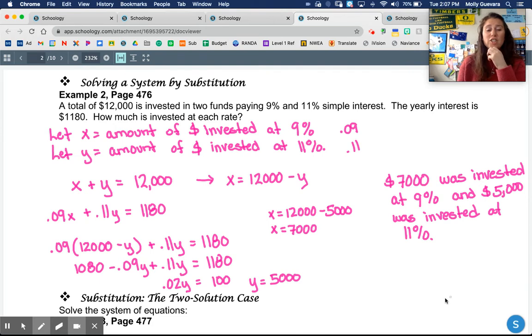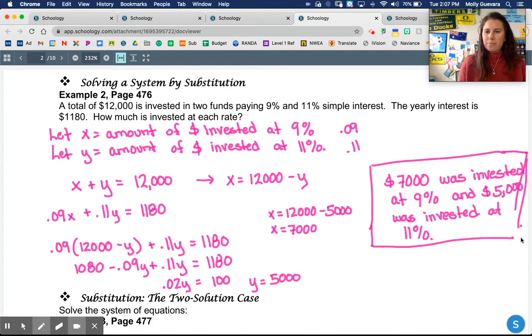And that's enough, but it's just explaining your values, right? If you just say x is 7,000, y is 5,000, I don't know what that means. So the importance of using a sentence when you're answering a word problem, just make sure you're using that sentence.